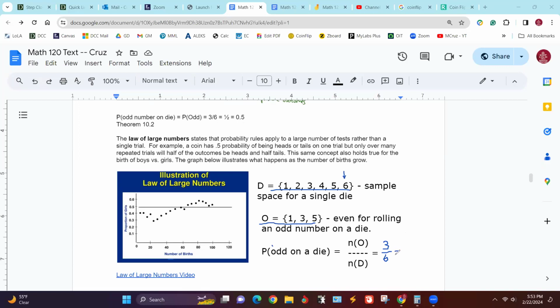And if we keep it as a fraction, because sometimes Alex will ask for it as a simplified fraction, we need to make sure we know how to simplify fractions. So 3 goes into 6 twice and into itself once. So then the simplified probability is 1/2. So odd on a die, the probability is also 1/2 because exactly half of the die numbers are odd.